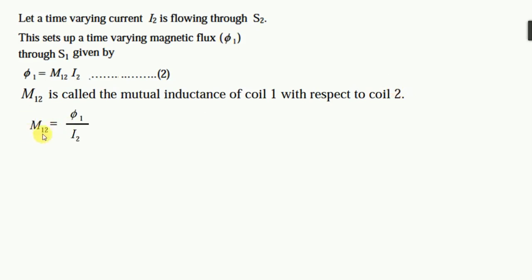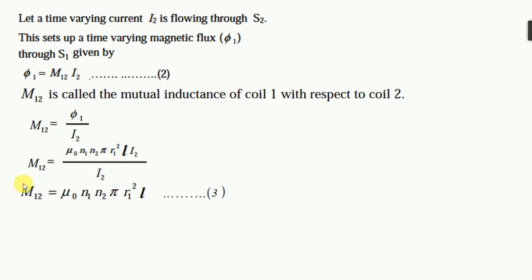So now if you take M this side, then it will be flux by current. Now I'll put the values. The flux 1 is this and current is I2. So we can cancel this I2 and this I2. So M12 will be given by mu naught n1 n2 pi R1 square L.